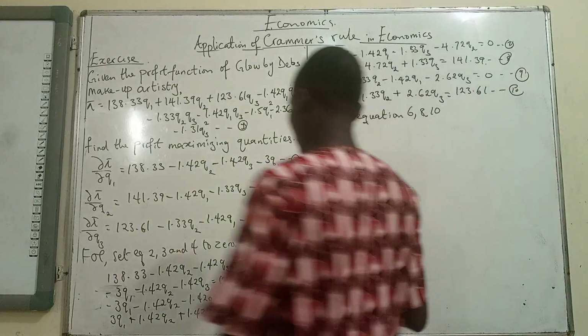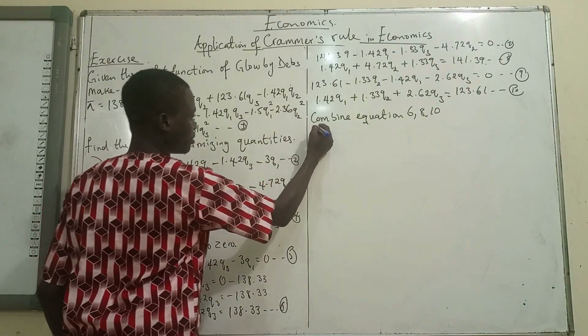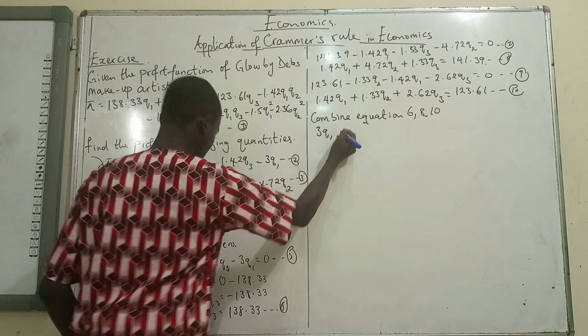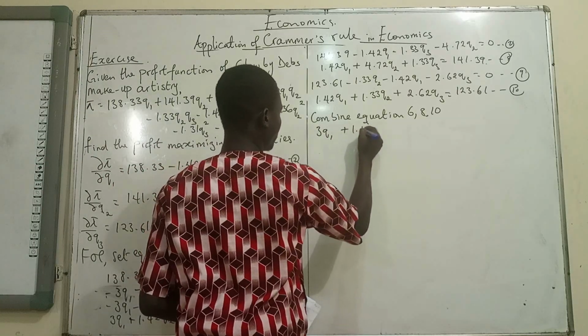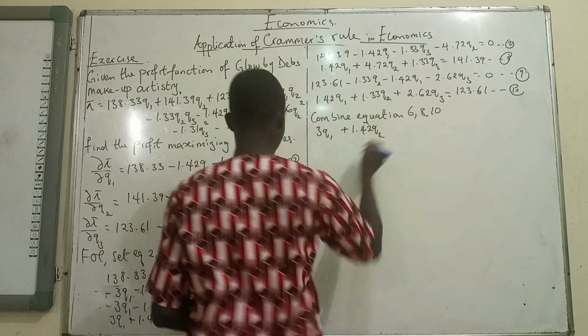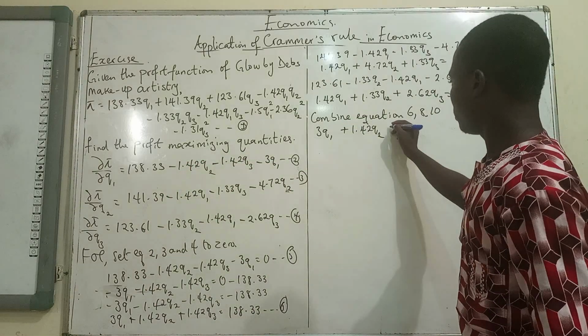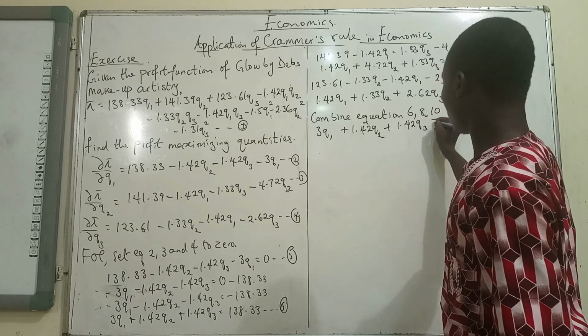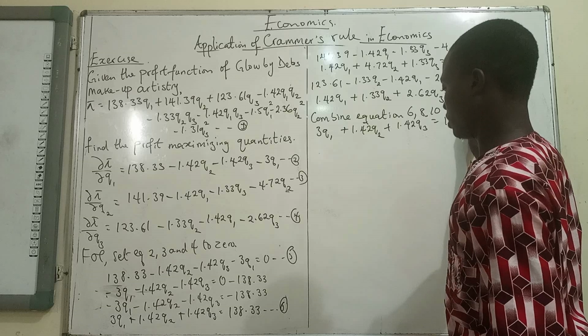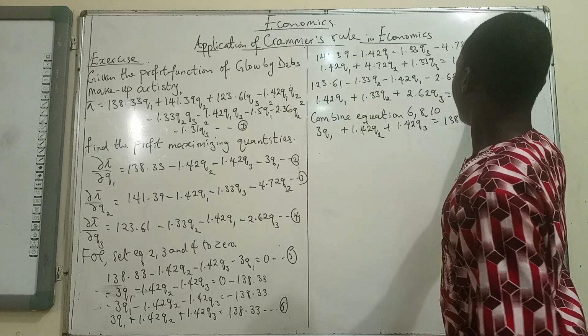So we have 3q1 plus 1.42q2 plus 1.42q3 equals 138.33.